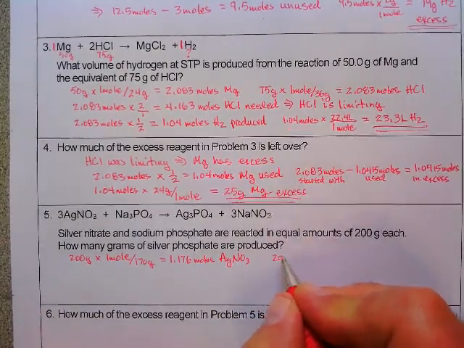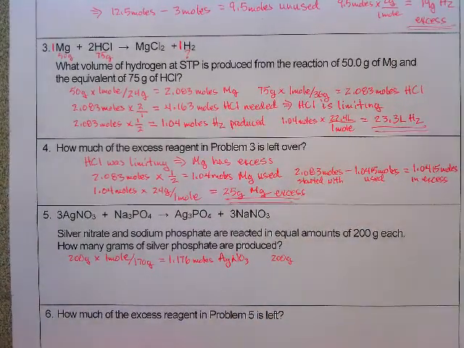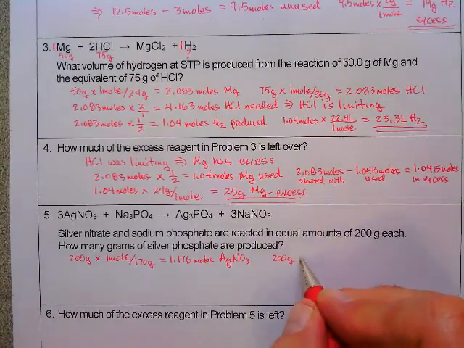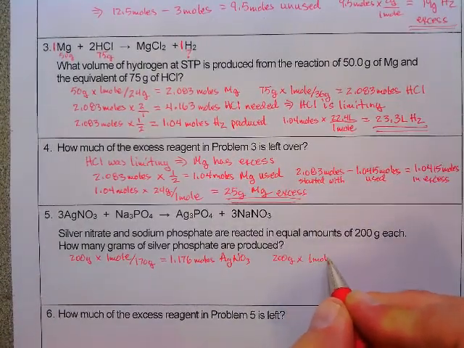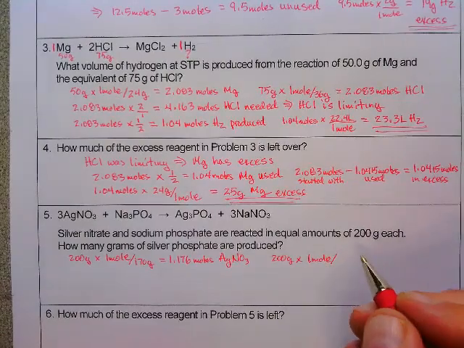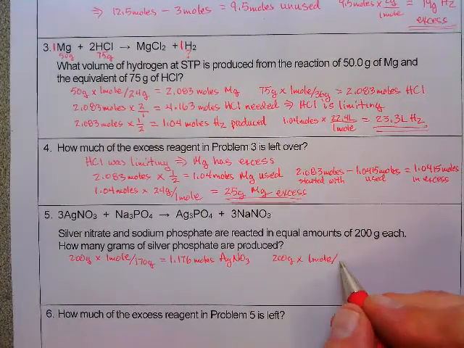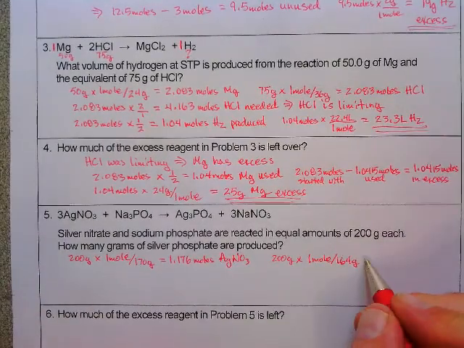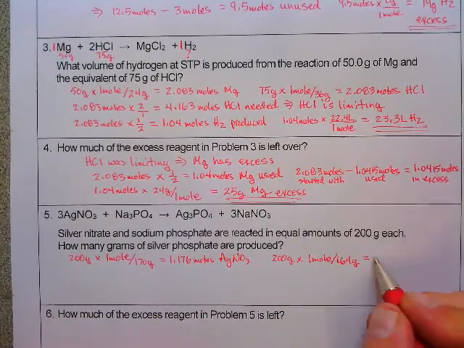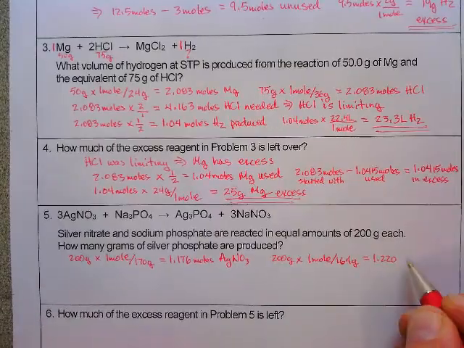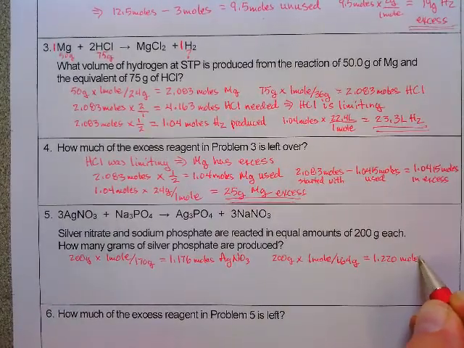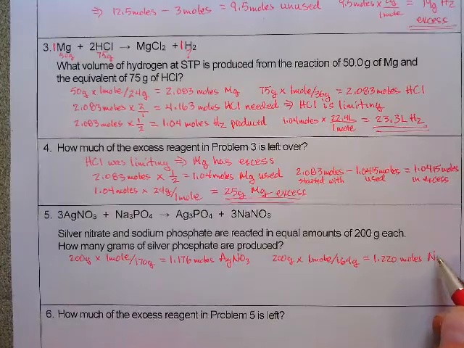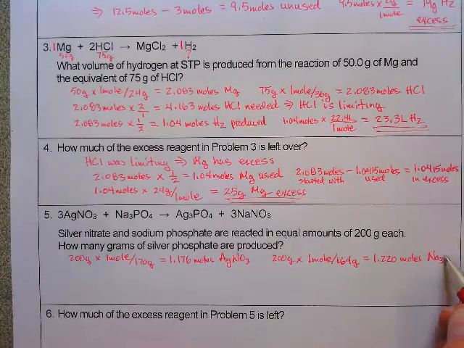Then we also have the 200 grams. Note they both are 200, so that would be easy to get confused. And so we go 1 mole over 164 grams. And that one will equal 1.220 moles. And this is the sodium phosphate.